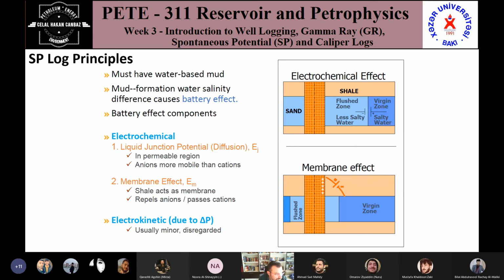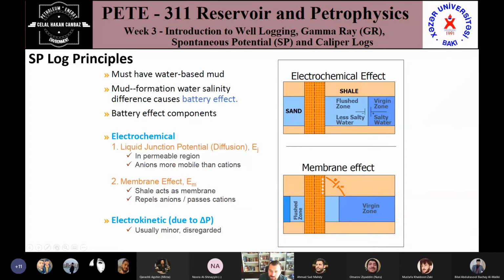So I will describe these two, by the way. This is very crucial, and I will describe it in detail. Electrokinetic differences are usually minor and disregarded in most cases. Some tools, for example Schlumberger tools, describe this as well, including it in the calculation, but in most cases it's disregarded.